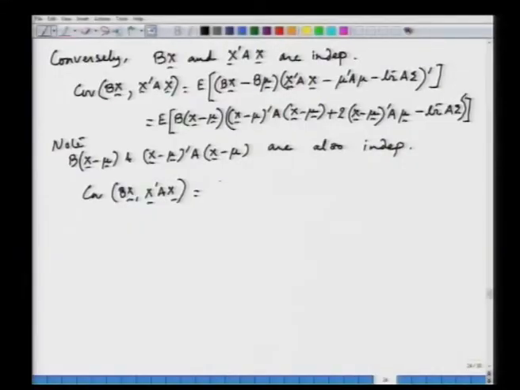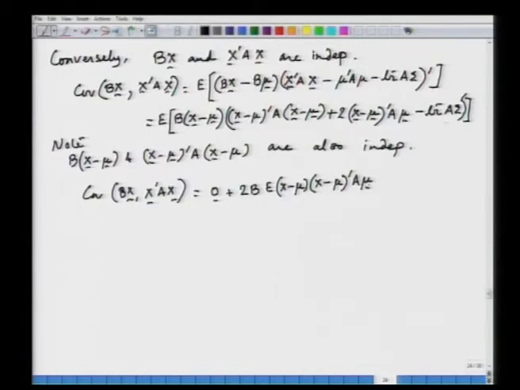Since these are independent, using the result that expectation of xy is expectation of x times expectation of y, I am doing just that, and note that as soon as I take the expectation of the first part, I end up with a null vector. Then in the second part, I have twice, with a plus sign, the matrix of constants coming out: expectation of (x minus mu)(x minus mu) transpose, and another A mu.